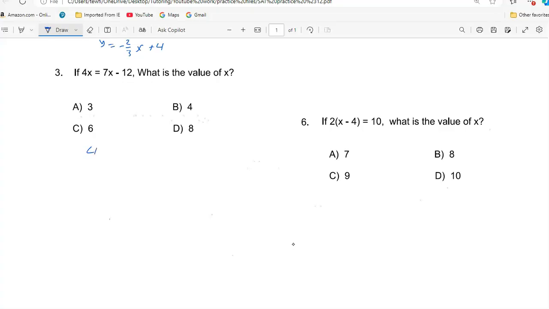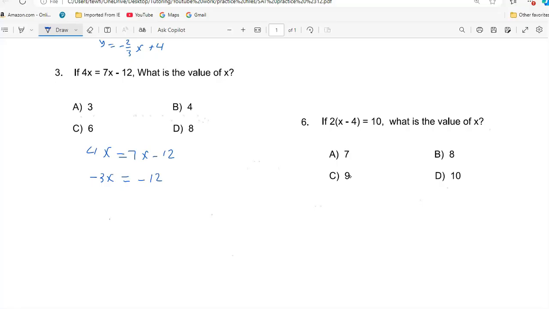If I have 4x equal to 7x minus 12, I'm going to get rid of the 7x. I'm going to subtract 7x from both sides. So if I subtract 7x from the 4x, I get negative 3x. And now I have a negative 12 because I subtract 7x from both sides.